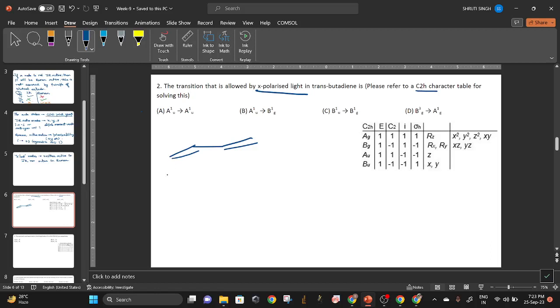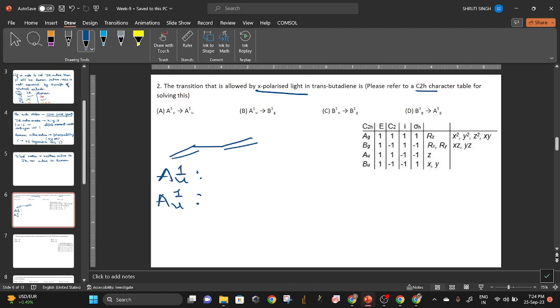If the first option is A1u, we will multiply the characters under each symmetry operation. From 1 to 1 means singlet to singlet. Now we know singlet to singlet transition is allowed, but singlet to triplet or triplet to singlet is forbidden transition. So it is singlet to singlet, so it is allowed.